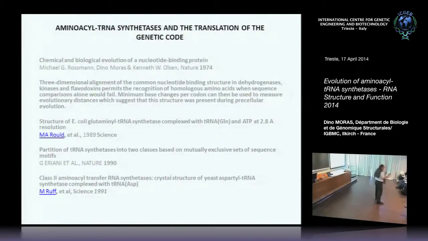Then it's a basic rule of biochemistry, chemistry: with an enzyme, you cannot charge two different chiral centers. Chirality is a very deep difference. So that was the chemical explanation. And then soon after, we had the structure of the class 2 with the transfer RNA.